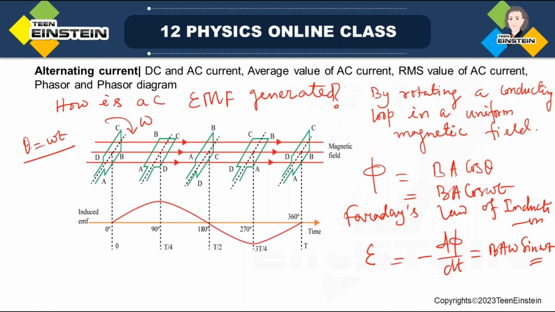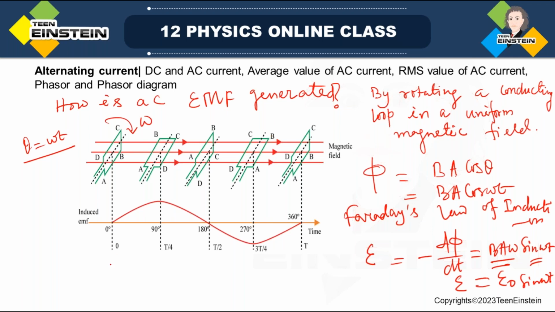This particular term we write as V0 or E0, the peak EMF, and this is E, so we get E is equal to E0 sine omega t. So this is how we generate alternating EMF or AC EMF.